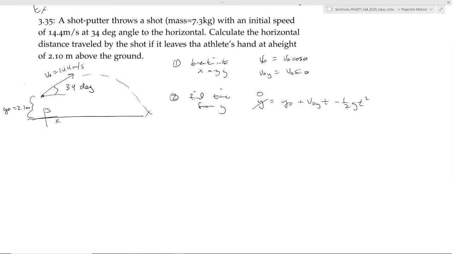So the consequence of this is that, let me just rewrite this in descending order, is that this is a quadratic. So in order to solve this, we would have to use a quadratic formula.